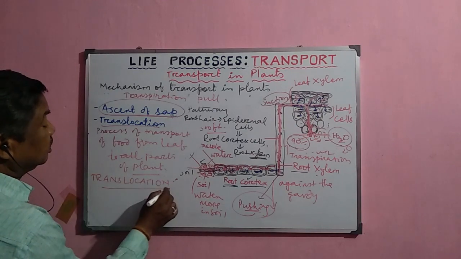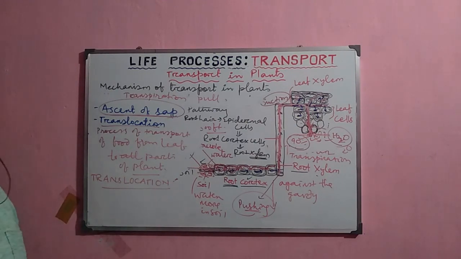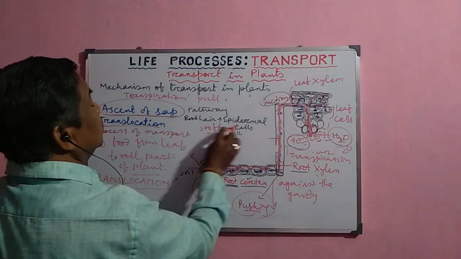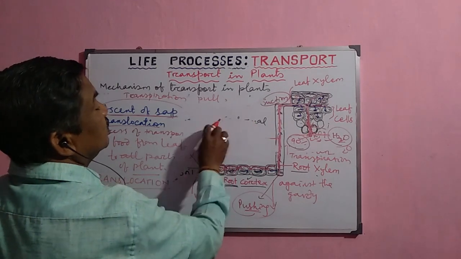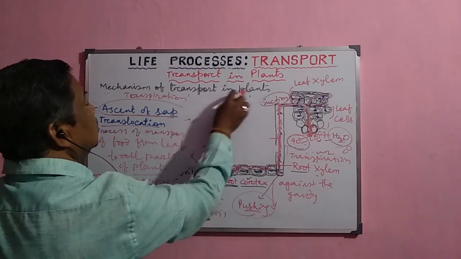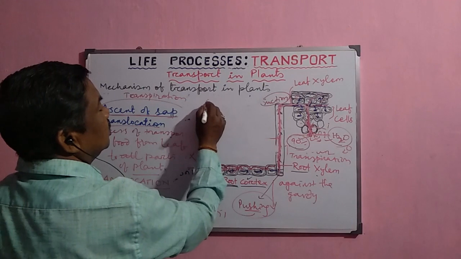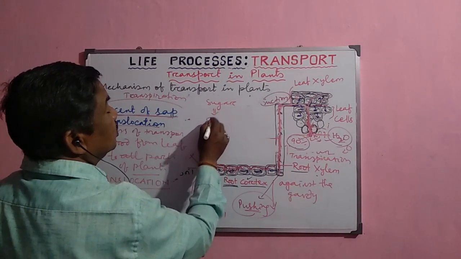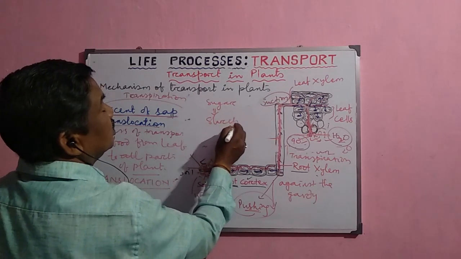And how does this translocation process occur? What is the mechanism behind it? The food materials which are normally prepared by the leaf are in the form of simple sugar. Now the sugar is prepared there, and this sugar is then converted into insoluble starch.